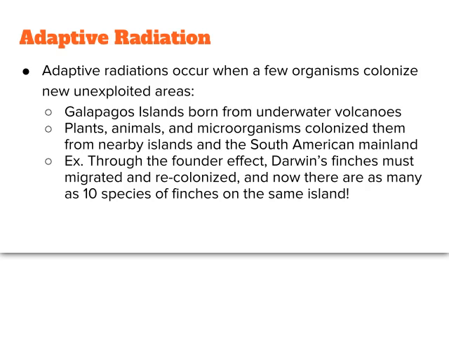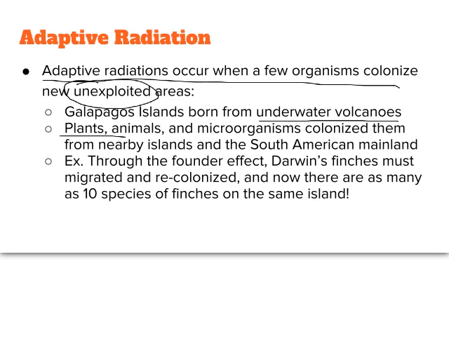Okay, so to kind of summarize what I just said, adaptive radiation occurs when a few organisms colonize new unexploited areas, meaning areas that are not being taken up by other species, so they have lots of resources. So, for example, the Galapagos Islands is an excellent example of this, because it was born from underwater volcanoes. So as these islands formed, all of a sudden there were these new land areas that not a lot of species had colonized.